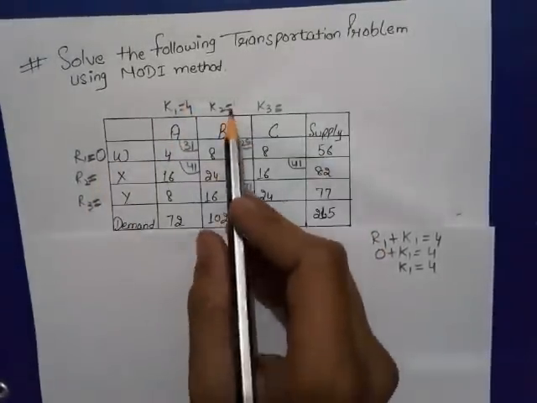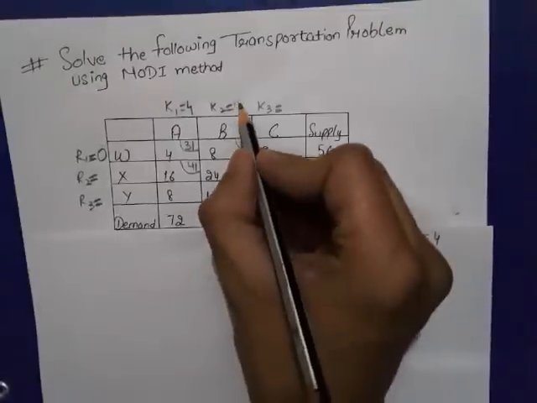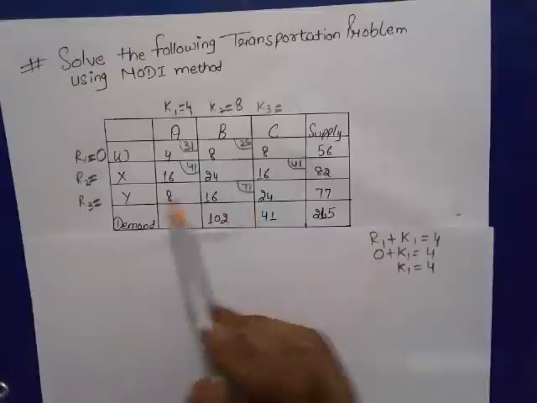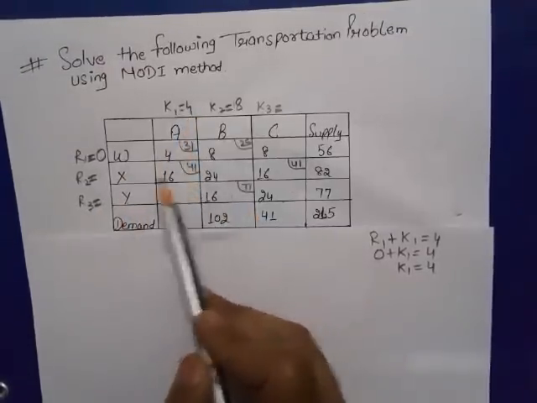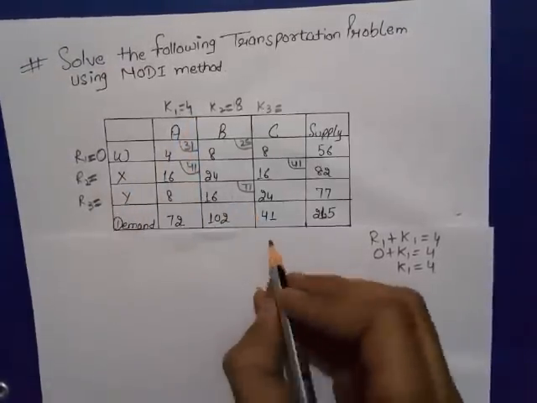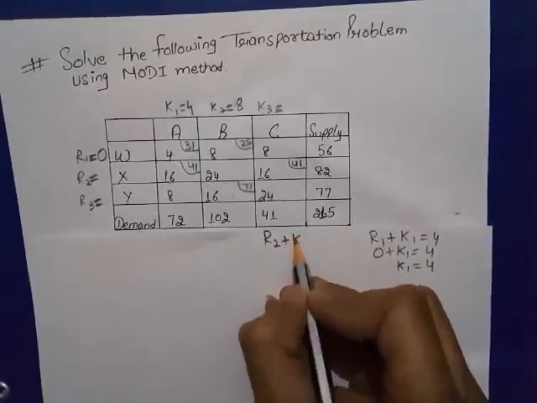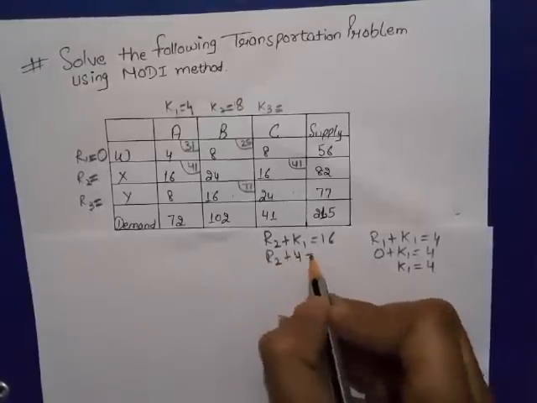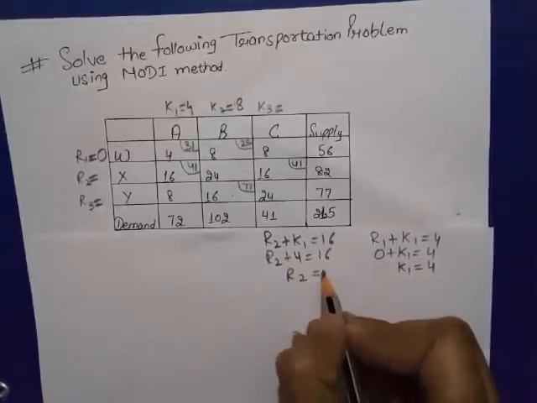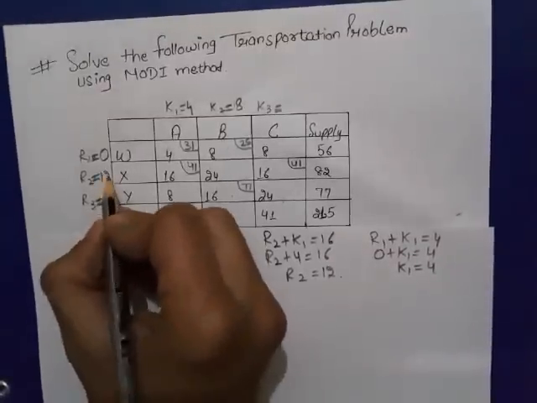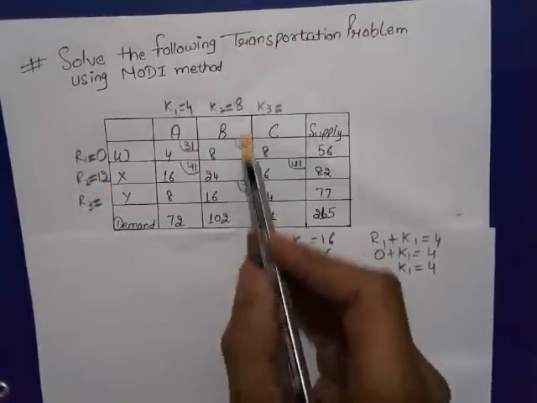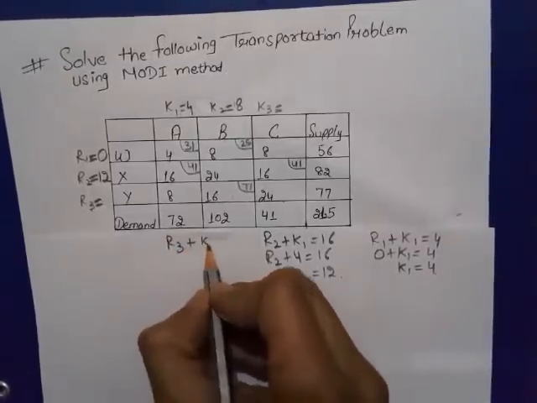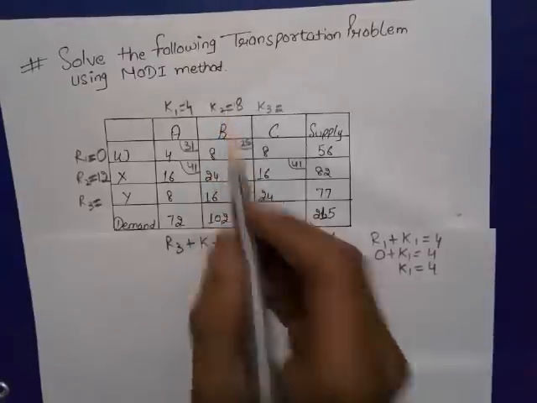Now again it will be 8. With the help of this we have to calculate R3, and from this R2. R2 plus K1 is equal to 16. R2 is unknown and K1 is 4, so the value of R2 is 12. R3 plus K2 is equal to 16.